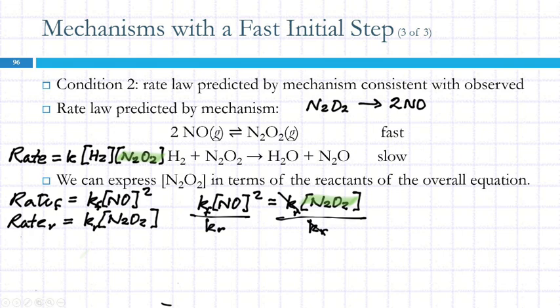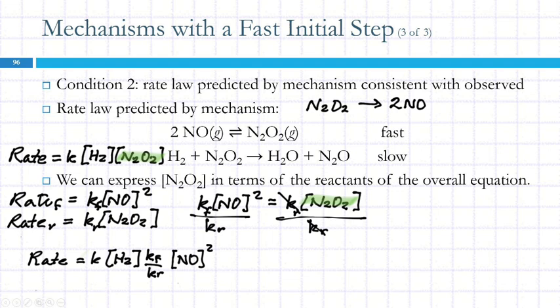This is math. But we can substitute this in for that guy. So the rate is going to equal our rate constant times the hydrogen concentration times Kf over Kr times NO squared.